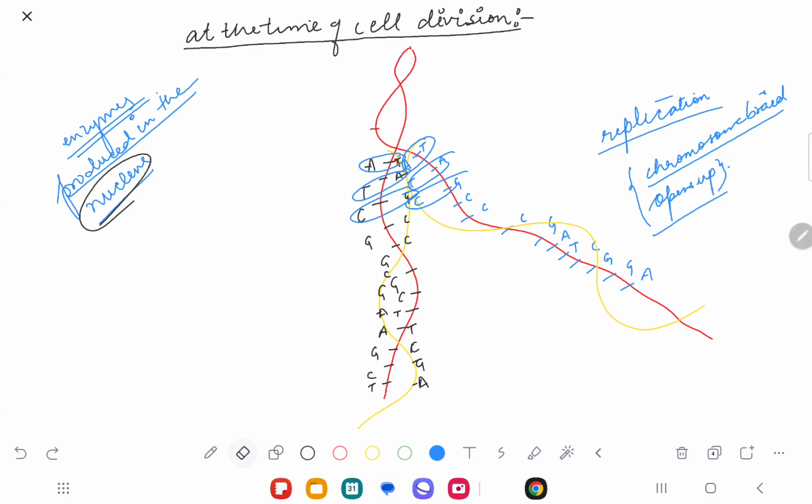Yes or no? And when the chromosome braid actually opens up, what exactly does it mean? Tell me. It duplicates itself. It replicates itself. Are you understanding? Just tell me. And when it replicates itself, two new strands are actually formed.